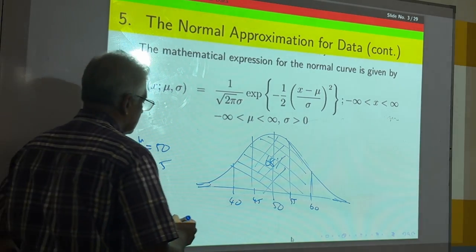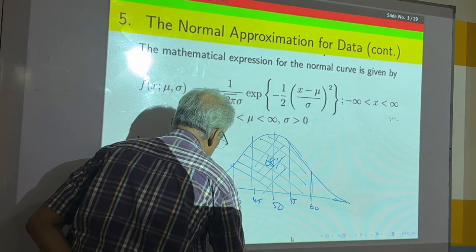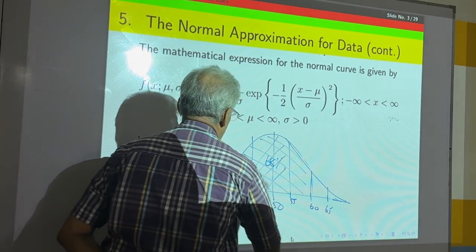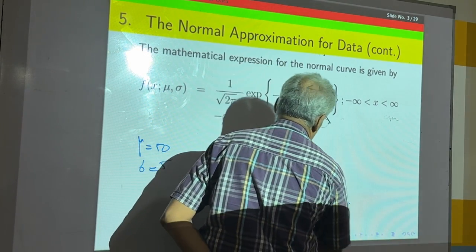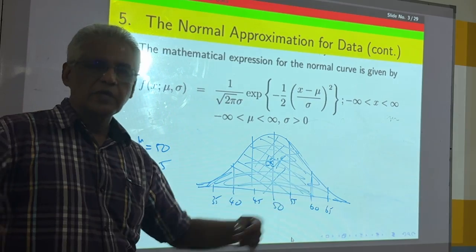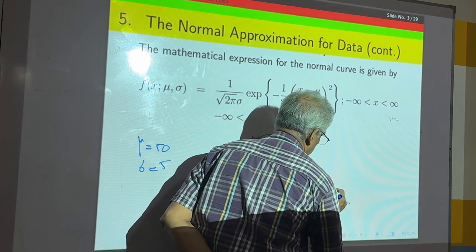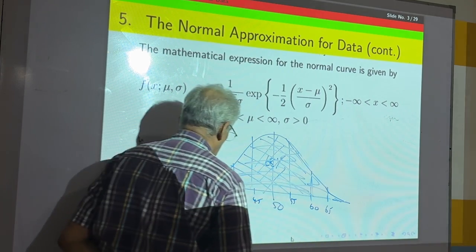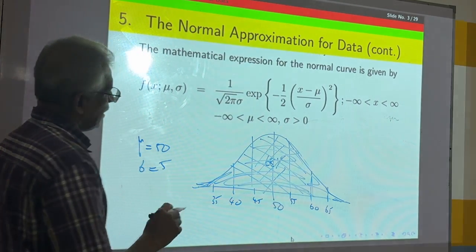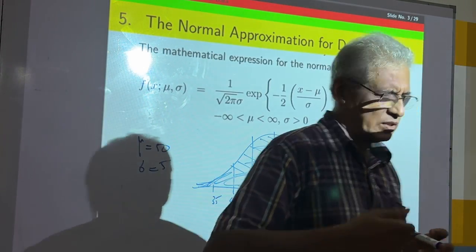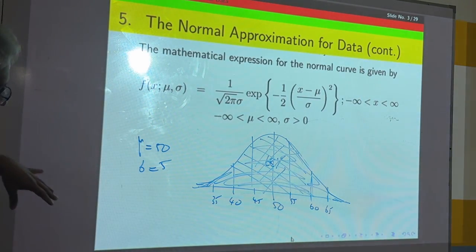And with 3 standard deviations, 35 and 65, that will contain 99.7%, very close to 1, and only a very small area will be beyond that.